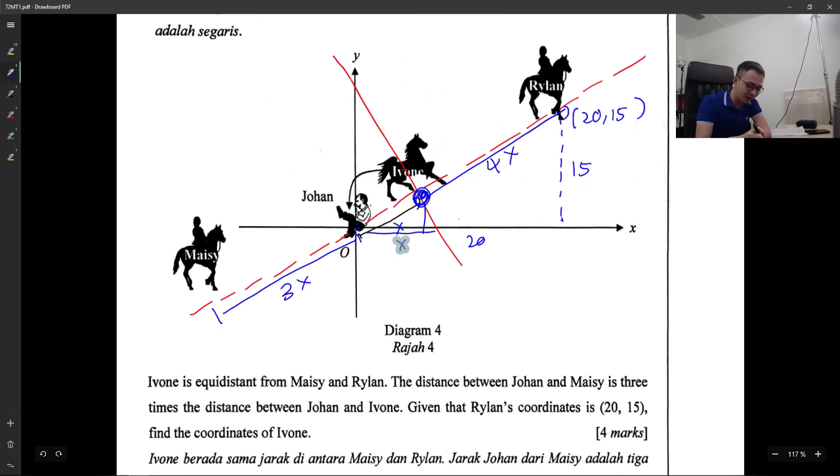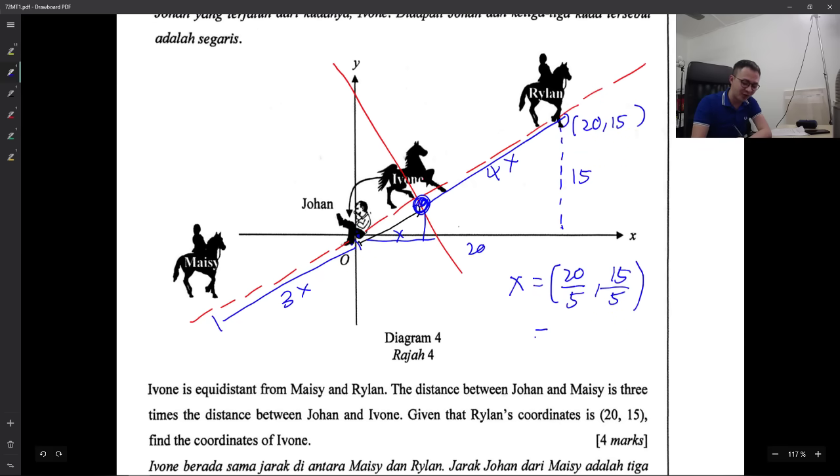So the faster way I will do is x equals 20 divided by the ratio of 5, and 15 divided by the ratio of 5. Because here is 20, the ratio is 5, I want to know what is 1x, so I divide by 5. Here is 15 for 5x, so I want to know 1x, so I divide by 5. Then I straight away get the answer 4 and 3. Okay? This is the easiest way of getting this.